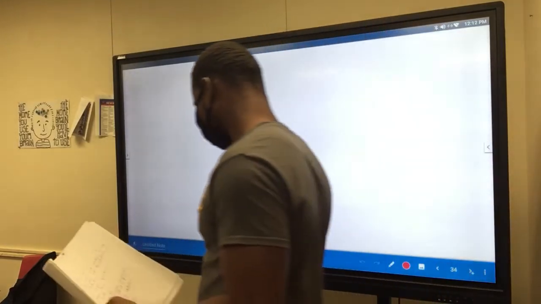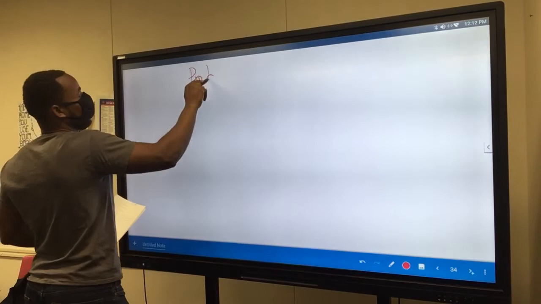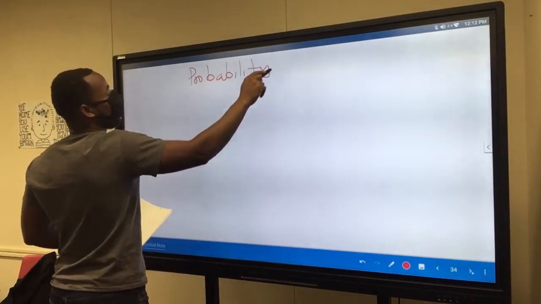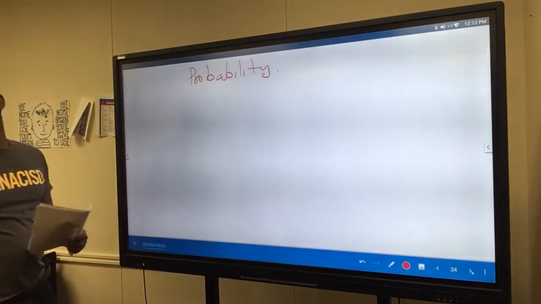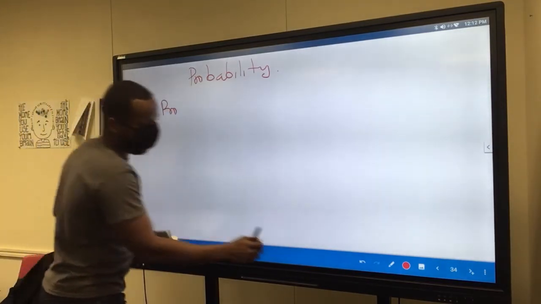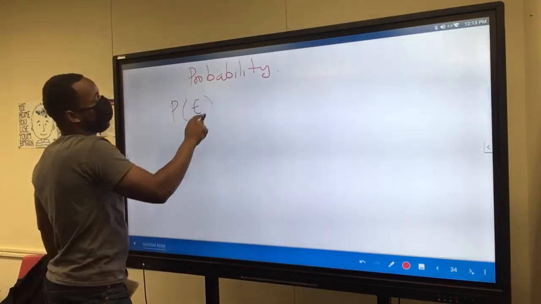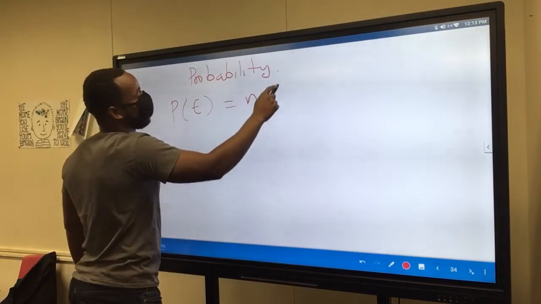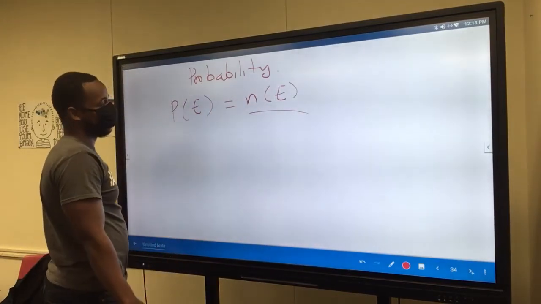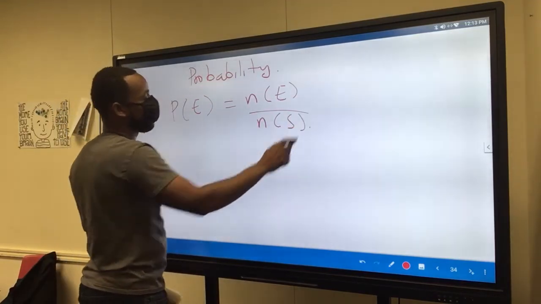Now, we talk about probabilities, okay? We said that the probability of an event, so let's say this is an event E, the probability of E is equal to the number of events divided by the number of the sample space, okay?